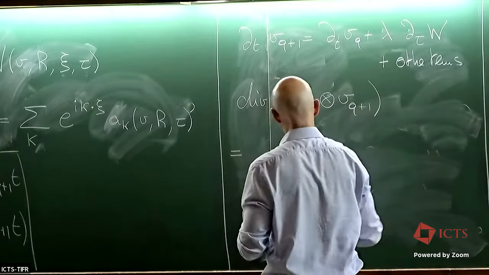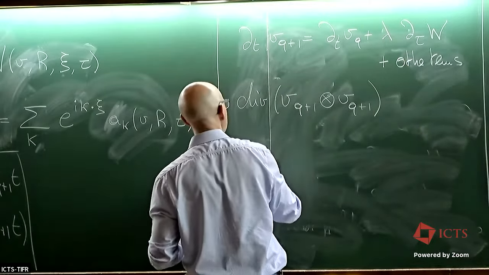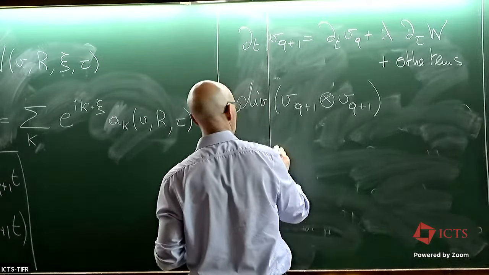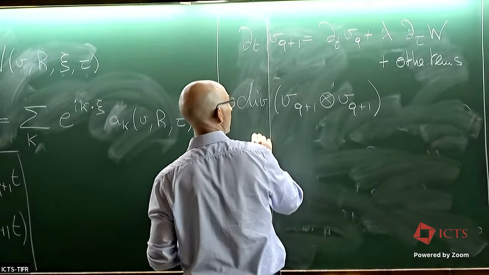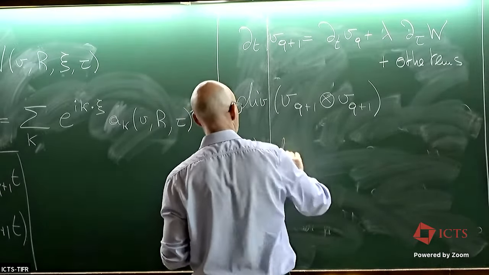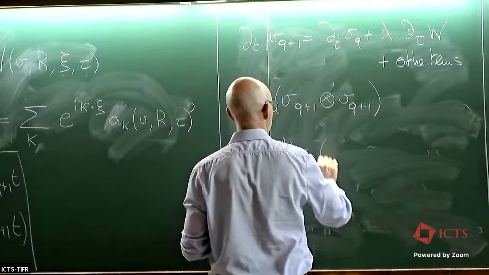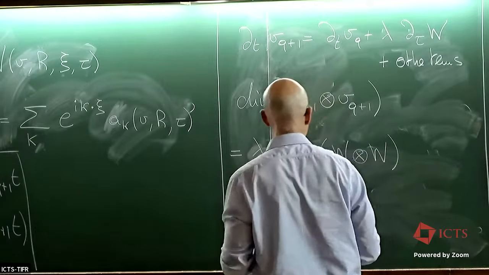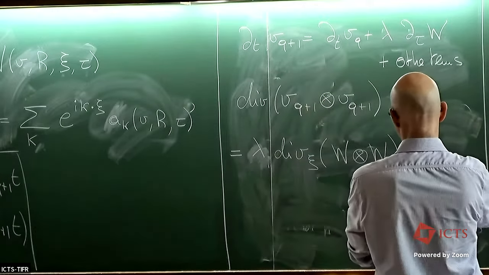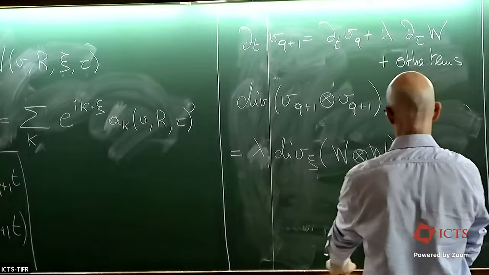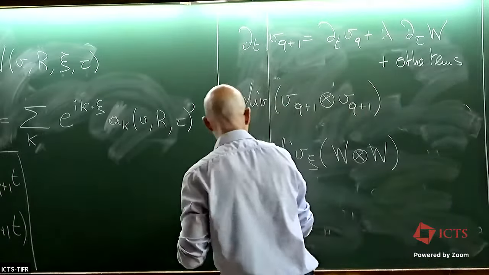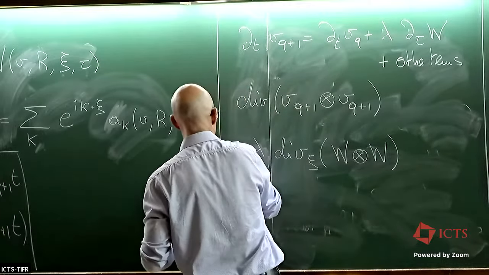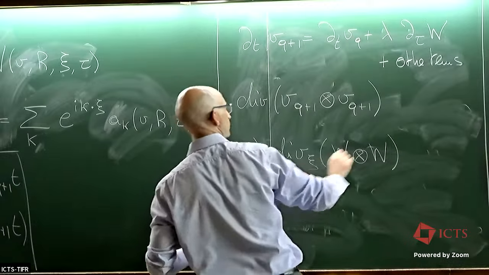When I compute the divergence of VQ plus 1 tensor VQ plus 1, I will have something like VQ, okay. So I will have lambda divergence psi of W tensor W, right? Then I will have, of course, divergence of VQ tensor VQ first.